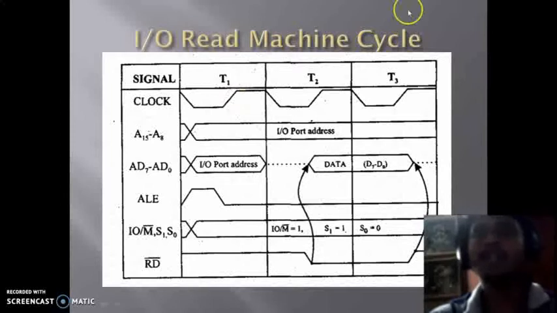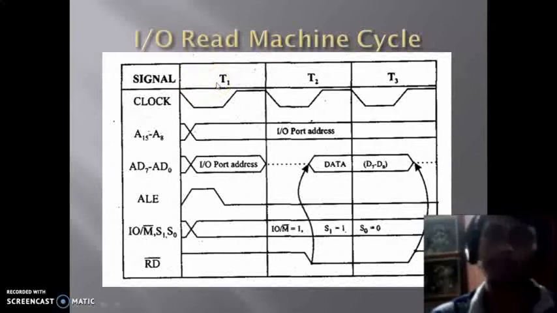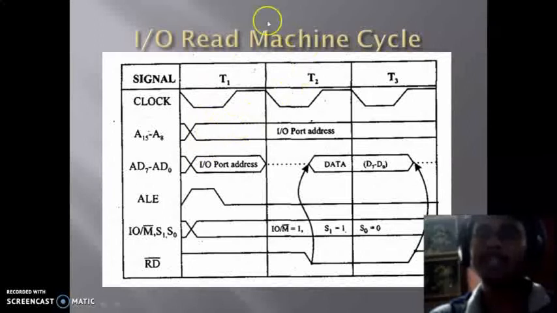Next is the IO read machine cycle. This is input output operation. Input output devices are connected with the microprocessor, so similarly we have to address this particular device. The higher order address will be placed on the higher order address bus, as well as the lower order address on the lower order address bus in case of the memory mapped IO technique.